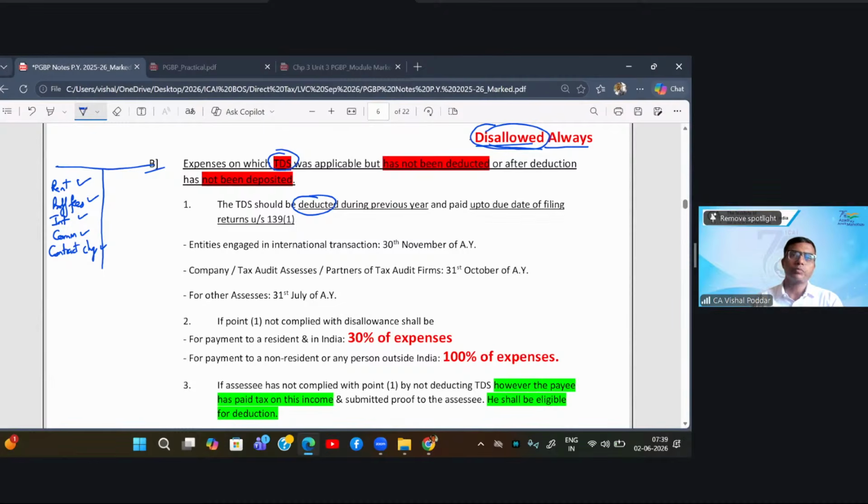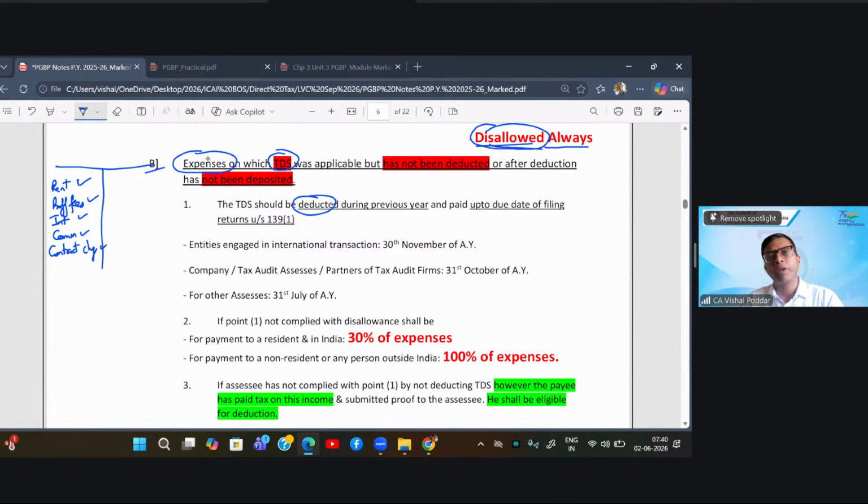Now, what does this part of PGBP head say? Now, this part of PGBP head says, in TDS chapter, I've given you one responsibility. What is the responsibility? That whenever you are making payment of your expense, and obviously we are talking about business expenses, like all these examples are of business expenses.